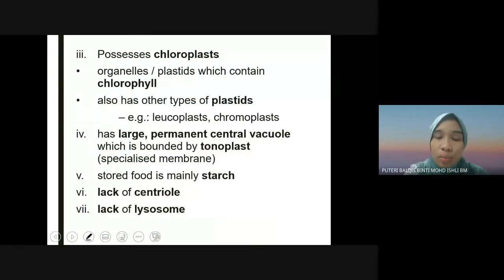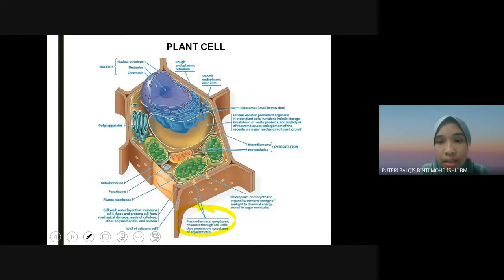Okay, chloroplast. Of course, plant cell ada chloroplast. Kalau tak, macam mana dia nak buat glucose? Chloroplast also has other type of plastid, leucoplast, chromoplast. It has large permanent central vacuole bounded by tonoplast.